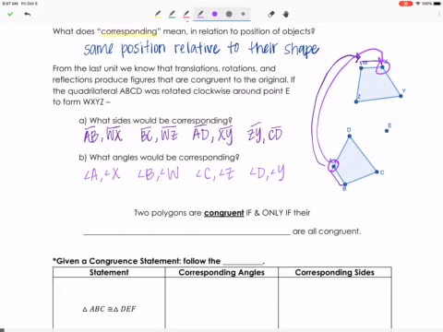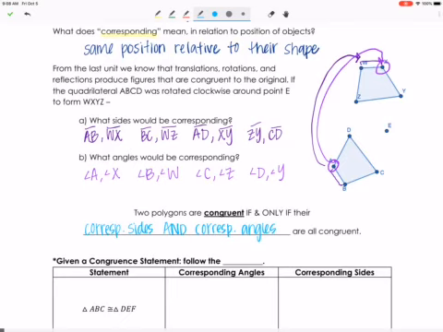So in short, two polygons are congruent if and only if I can say that their corresponding sides and corresponding angles are the same. So two polygons are congruent if and only if I can say that about the entire shape.